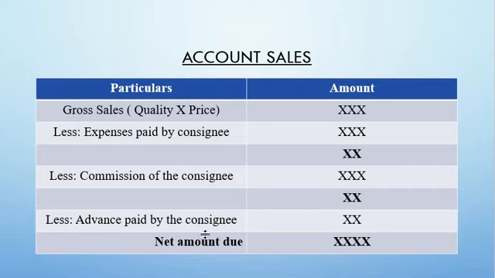Next, less advance paid by the consignee. What is this advance that is paid by the consignee? As I told you, the consignor gives the right to the consignee to sell the goods.